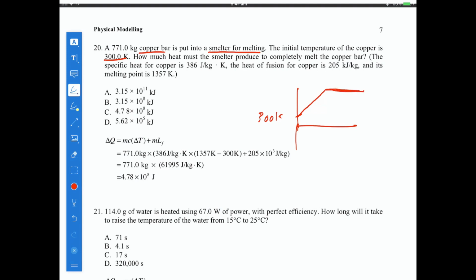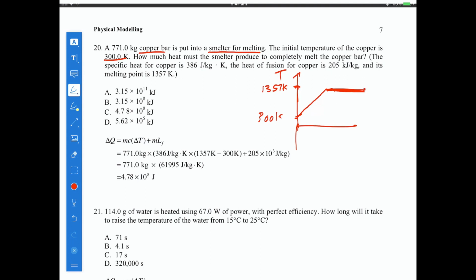There are two parts. First is the energy required from 300 K to its melting point, which is 1357 K. At the melting point, you still have to supply a lot of energy to melt the copper.